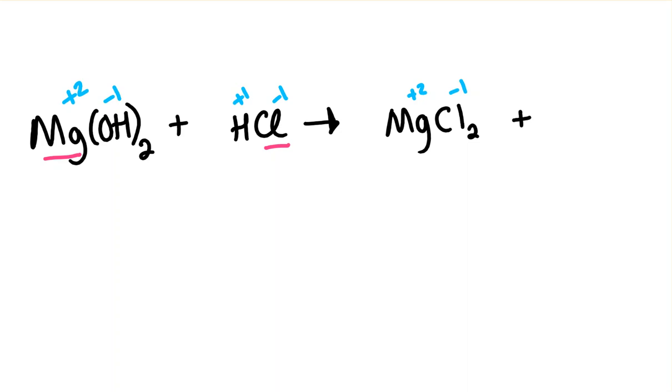For my other product, I'm going to put the hydrogen ion with the hydroxide ion. And it looks like that's a good formula. Now you may notice that this compound is actually water. But for double replacement reactions, it's really handy to write it HOH and pretend like it's ionic. It makes the balancing easier.